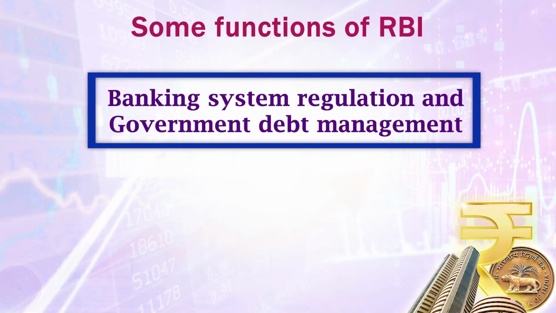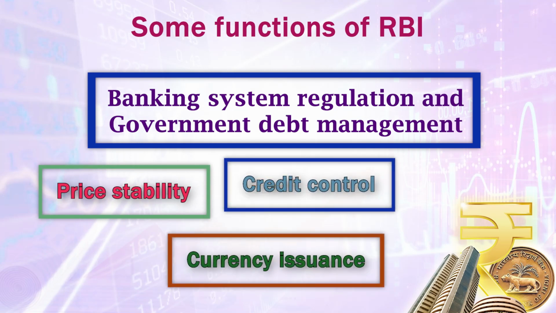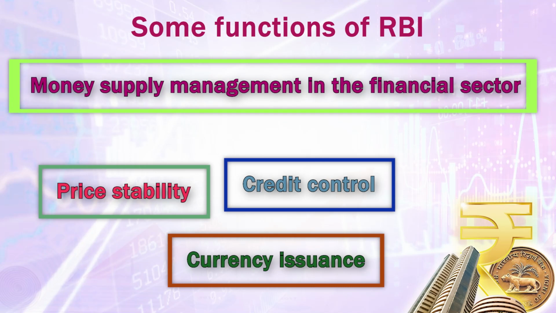Now, some roles traditionally performed by the RBI are banking system regulation, government debt management, price control, credit control, currency issuance, and monetary supply management overall in the financial sector. RBI also implements different types of monetary policies.